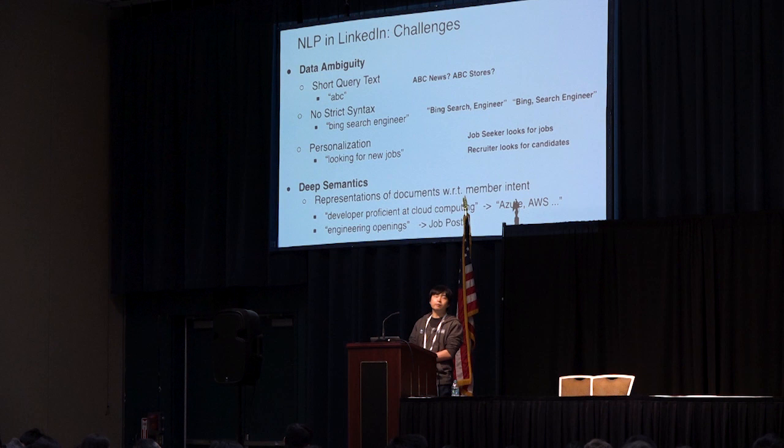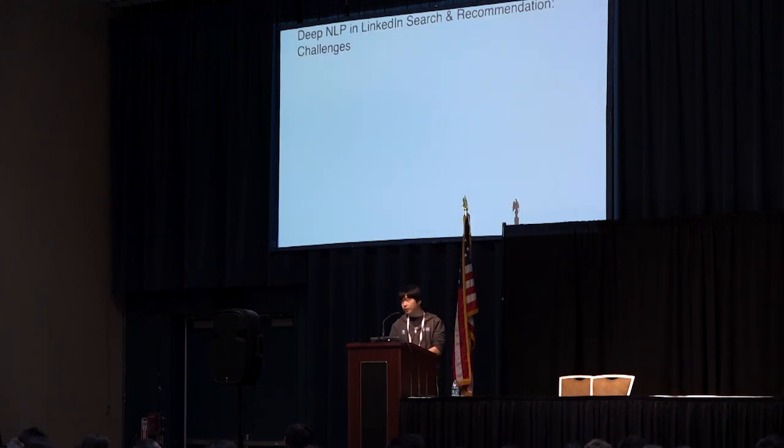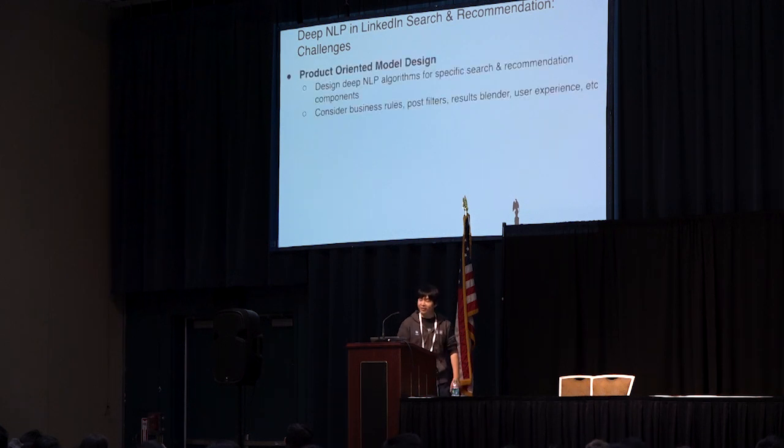But intuitively, we think deep learning can help. However, applying deep learning for NLP at LinkedIn also comes with a lot of challenges. I will just list a few. First is product-oriented model design. For deep learning methods, we need to design the algorithm specifically for a search or recommendation component. But we already showed you the complicated ecosystem.